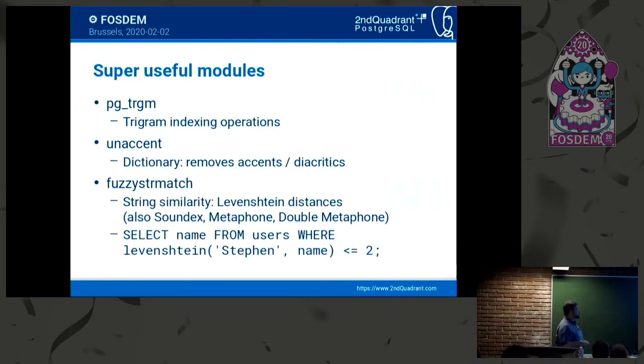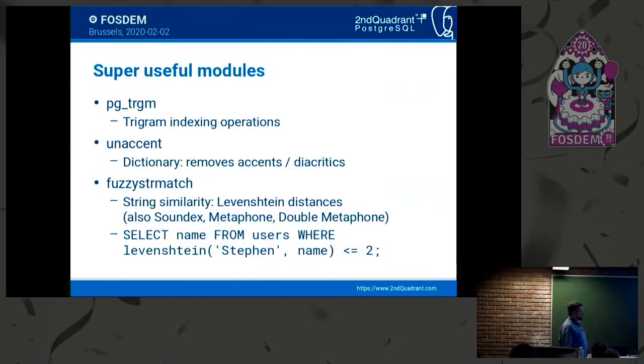And fuzzystrmatch gives you useful metrics such as string similarity, and it can return things like Levenshtein distances between two strings, how different the strings are. It also supports soundex, metaphone, and double metaphone. To be totally honest with you, I haven't used it for that purpose.